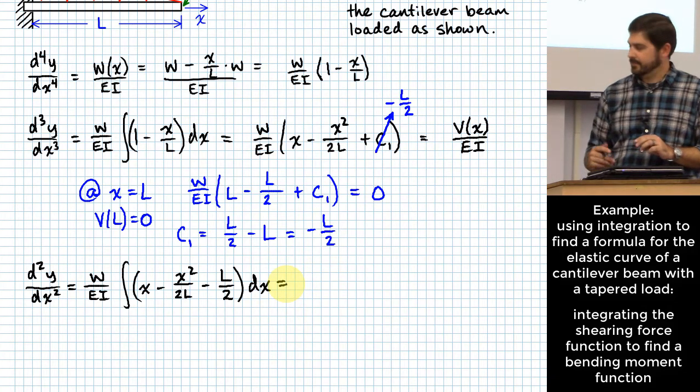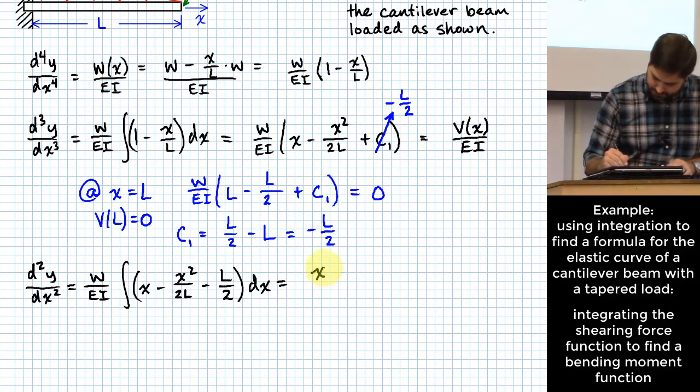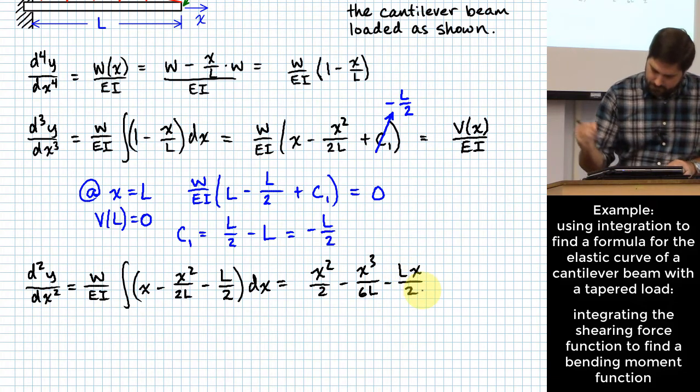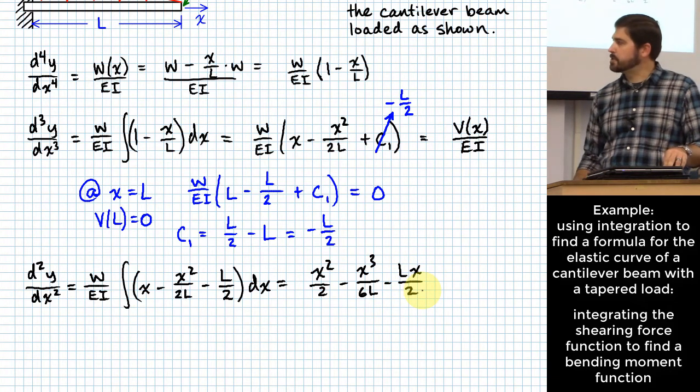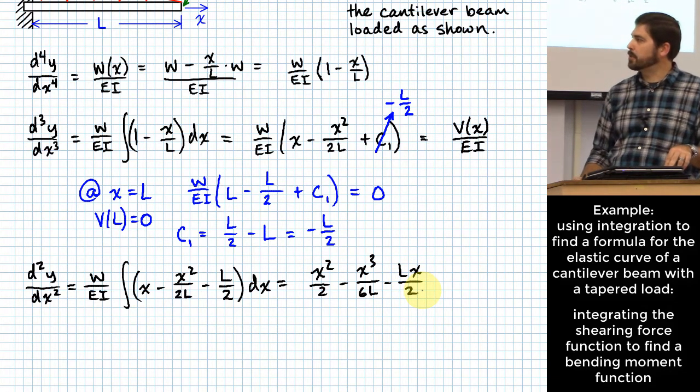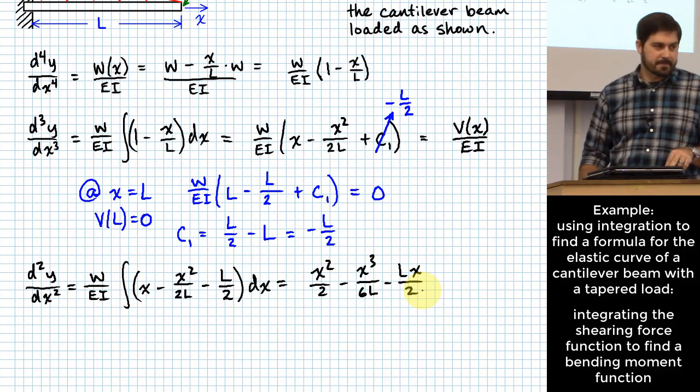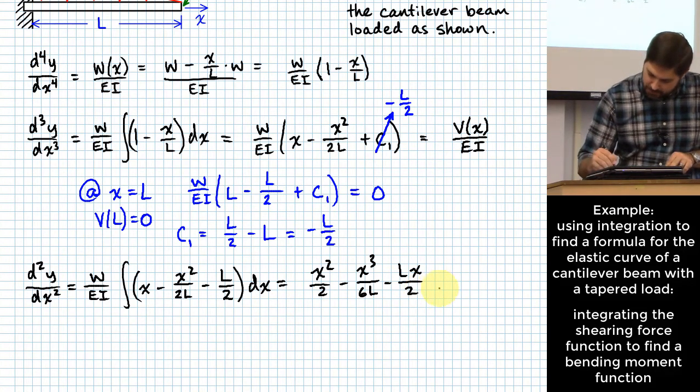x squared over 2 minus x cubed over 6L minus Lx over 2. Okay, this was what was just suggested. I think that looks pretty good. What else? Plus, we'll call this C2.